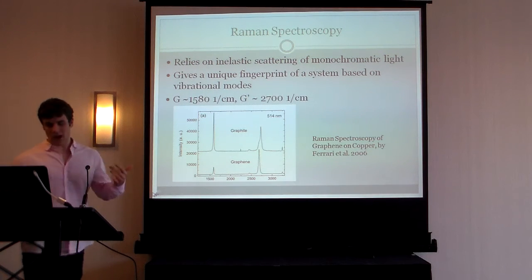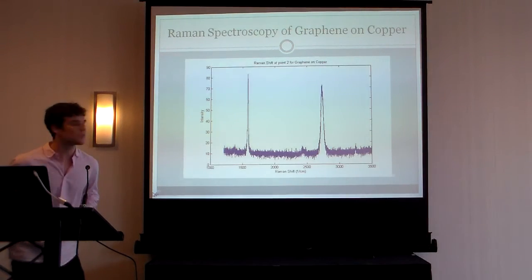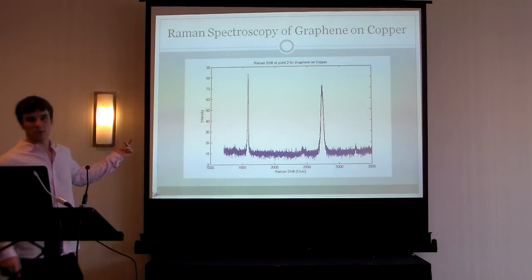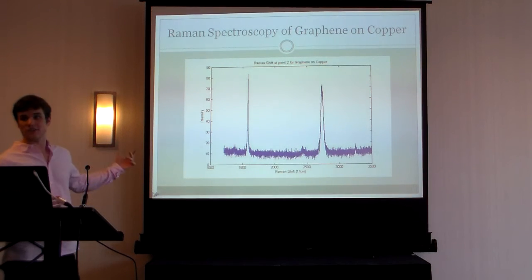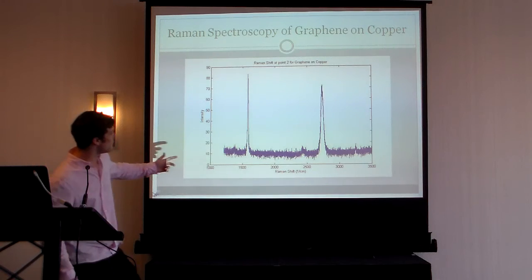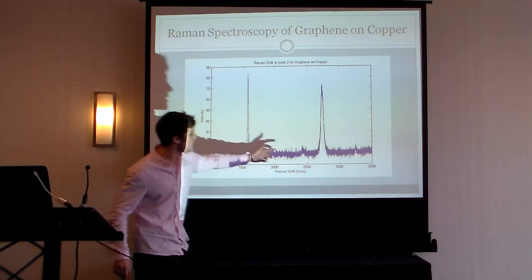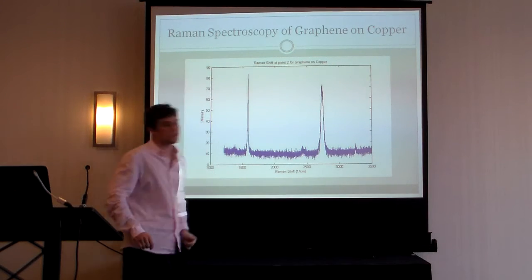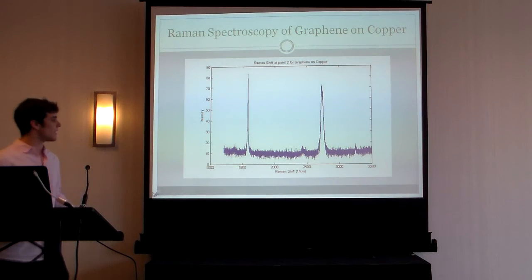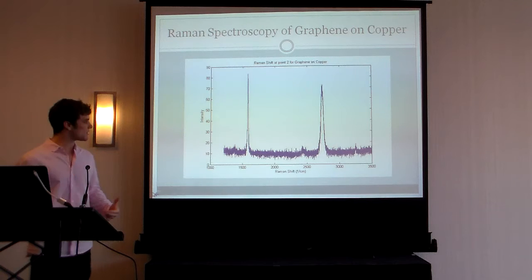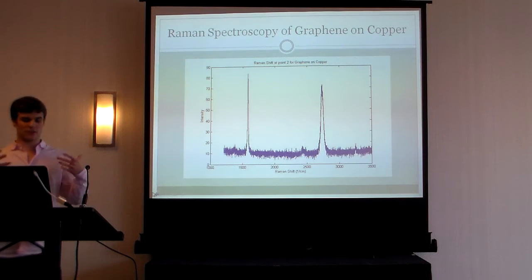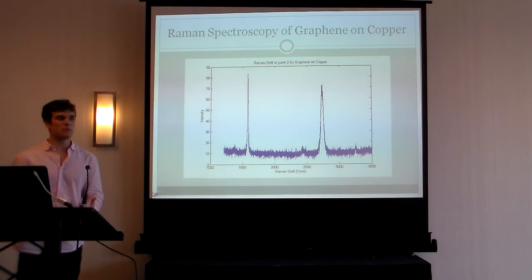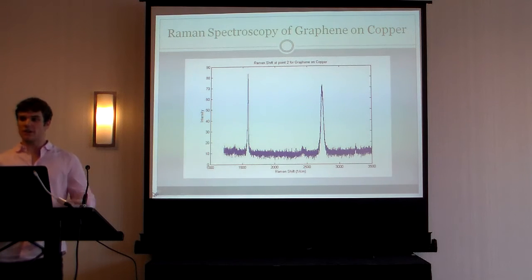Okay, so I did Raman spectroscopy, and the first one I did on copper before transferring it using the technique I described before. And you can see a very sharp G peak and a G prime peak. And then this small peak right here is called the D peak, which is a defect band, which tells you there are defects inherent in the graphene, because it's not always a perfect honeycomb lattice.